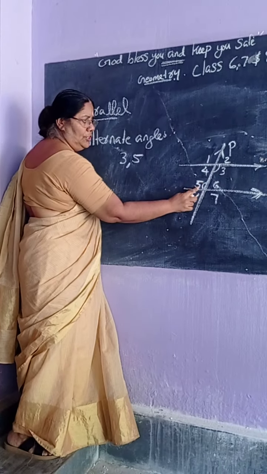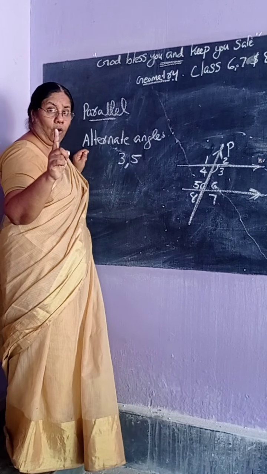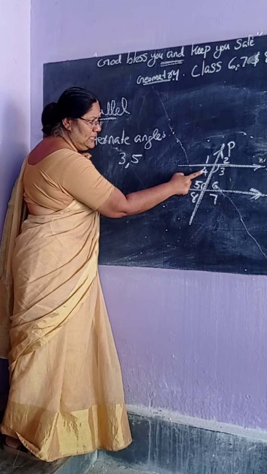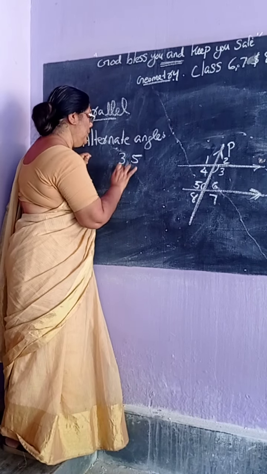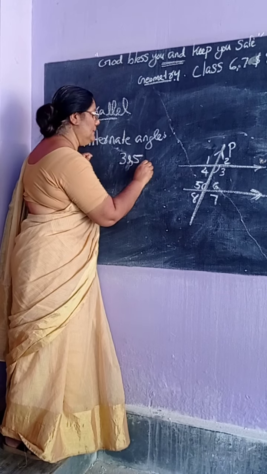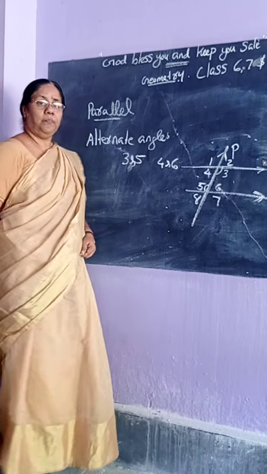All of you look at the board. 3 and 5 are one pair of interior alternate angles. The second one is 4 and 6.